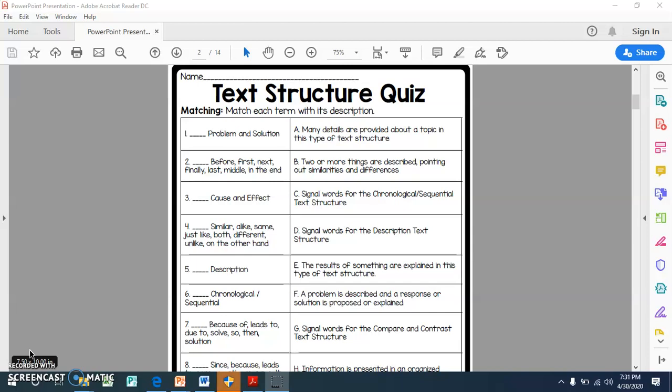Or if something happened and we think about why, then vice versa, if we have a reason why, can we find the effect from that? We also have problem and solution. Is a particular piece of writing telling me how a problem is solved?